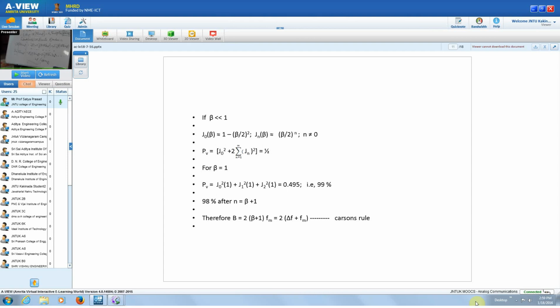This is for beta small. We can approximate the values of these Bessel coefficients J0, J1, J2 and so on. The sum of all these Bessel coefficients, J0 square plus twice that of your Jn square, is going to be 1.